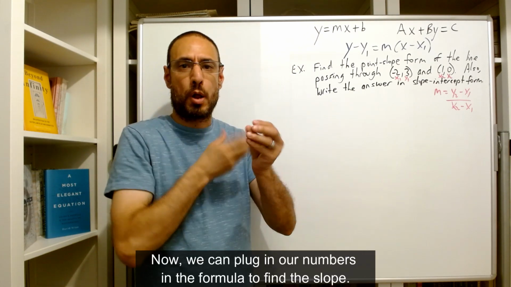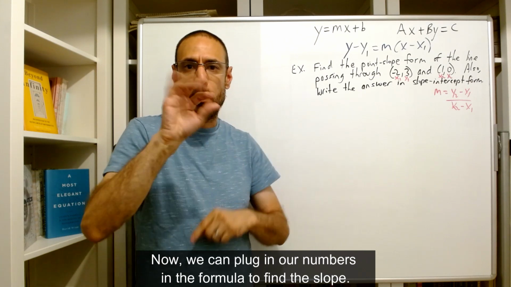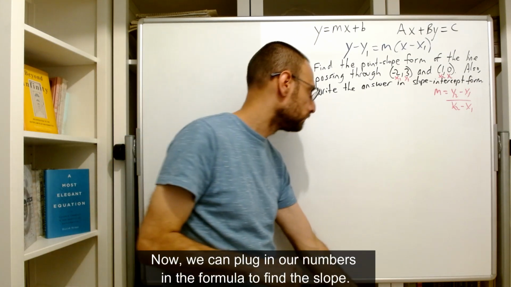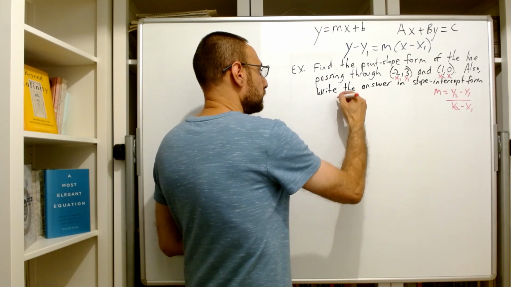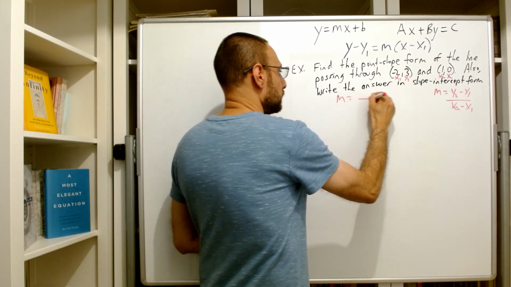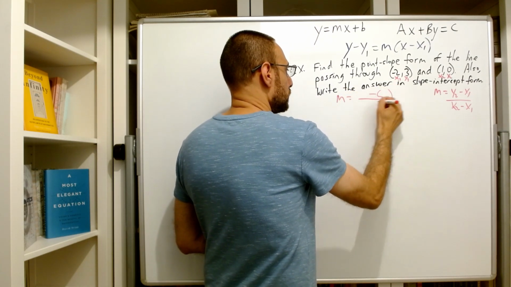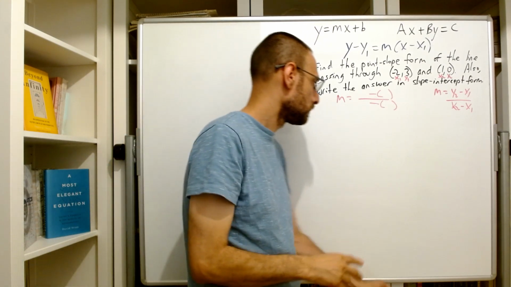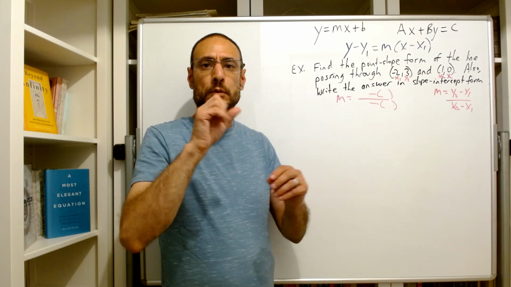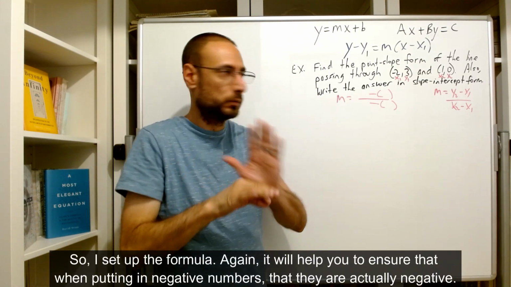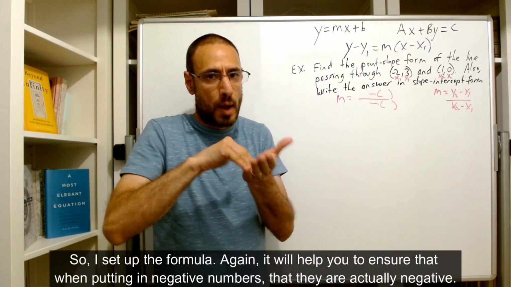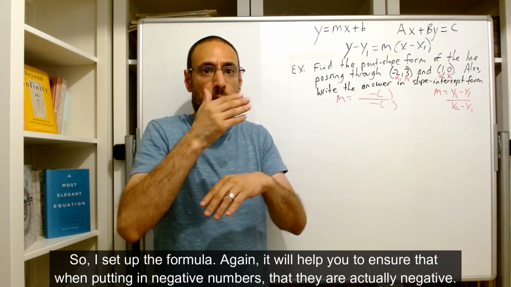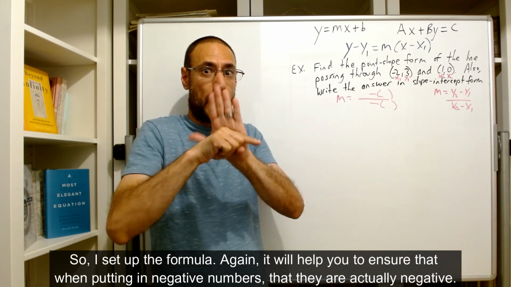Now, we can plug in our numbers in the formula to find the slope. So, I set up the formula. Again, it will help you to ensure that when putting in negative numbers, that they are actually negative.